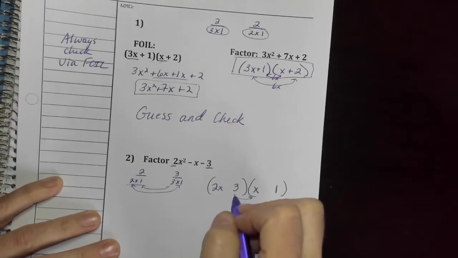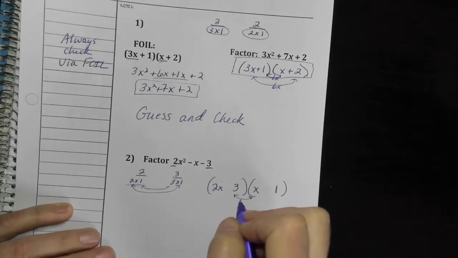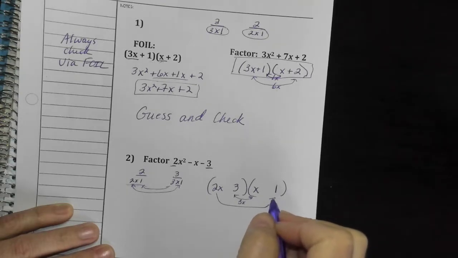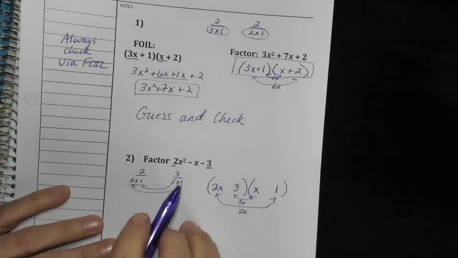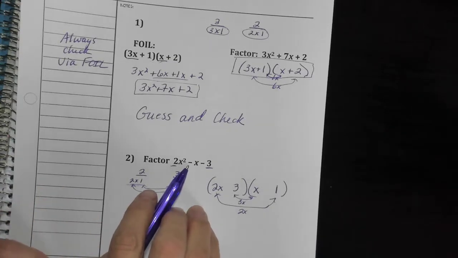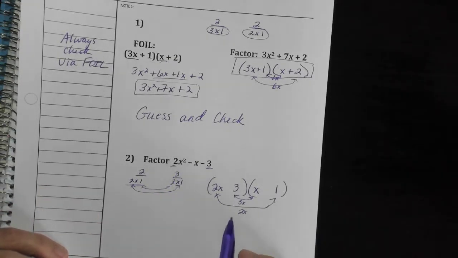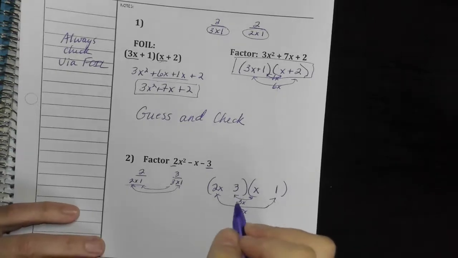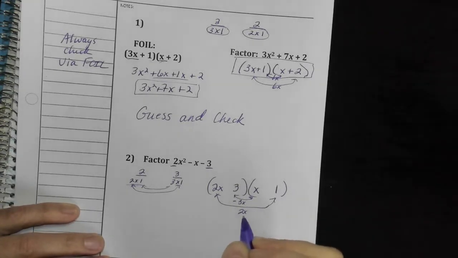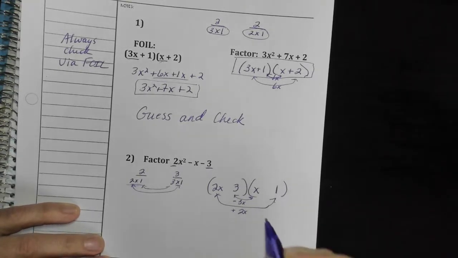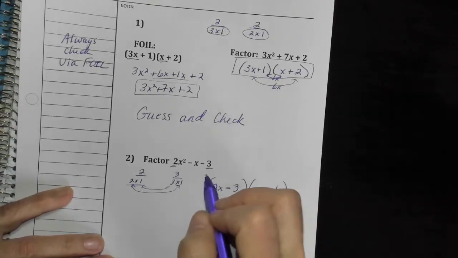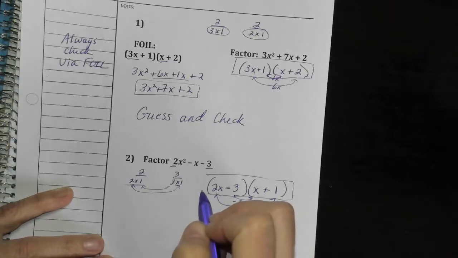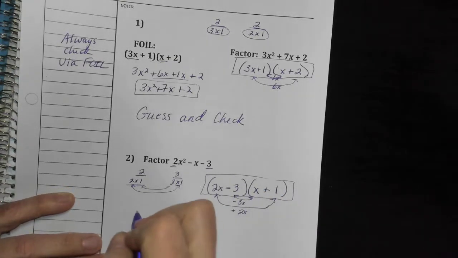That way when I connect, my insides make a 3x, my outsides make a 2x. Now I can work to get my negative 1x. Who needs to be negative to make the result a negative 1? The 3 needs to be a negative, and the 2x needs to be a positive. So this is going to be a minus sign. This is going to be a plus sign. Here are my factors. Now, always you check it by FOIL.